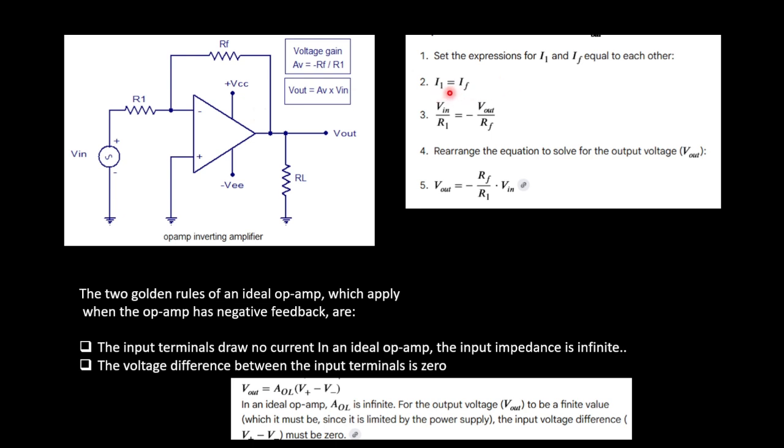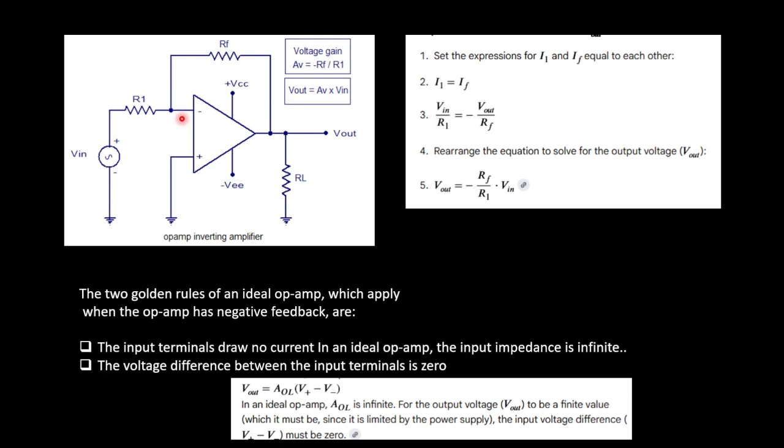Then we find the current. The current here is V input by R1, because the voltage at the inverting terminal is 0 volt. So the voltage across R1 is V input minus 0, and that current should be equal to 0 minus V out, divided by RF.